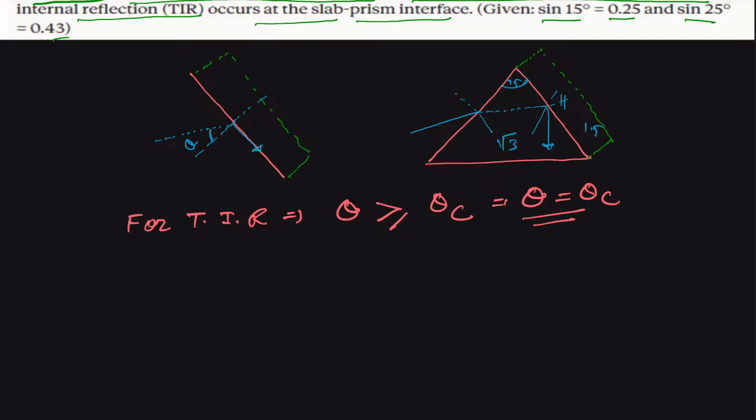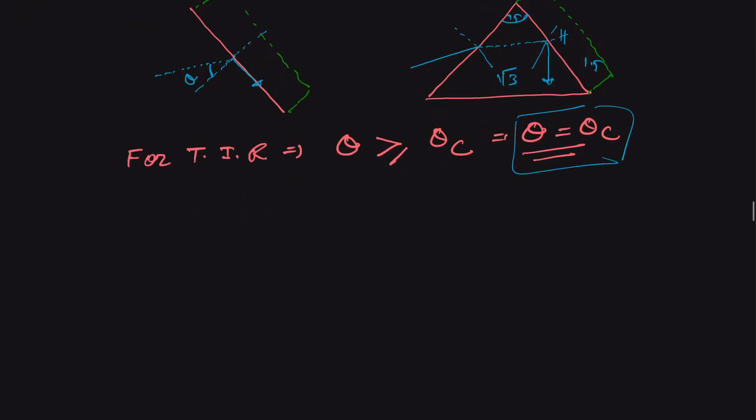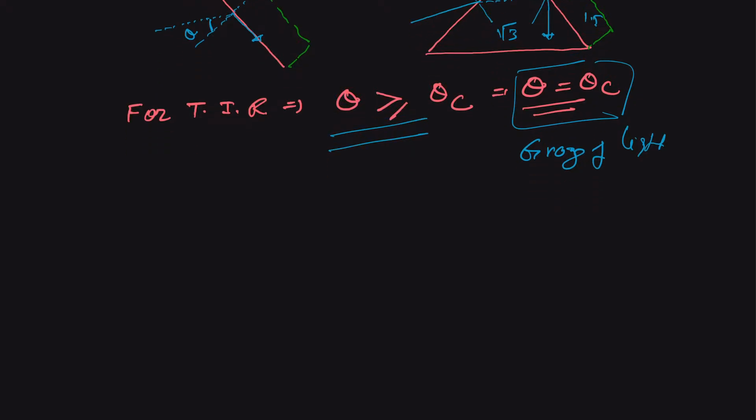Okay. So this condition gives us the graze of our light. But we are interested in this part. And we can easily write out the formula for this critical angle in terms of the refractive indexes.